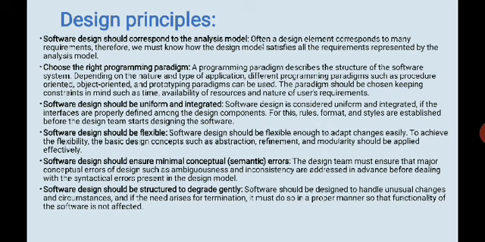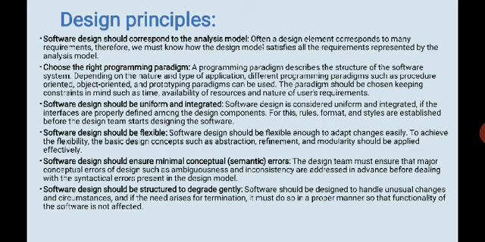This is what we have already seen when we did our SDLC models. We saw how we were doing prototyping life cycle models and all that stuff. So our programming paradigm has to be in accordance with this. The paradigm should be chosen keeping constraints in mind such as time, availability of resources, and nature of users' requirements.